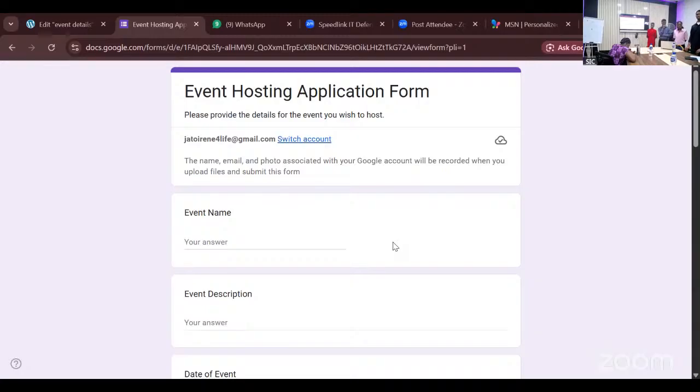Because this is more or less the same thing as in my WhatsApp. There's an event, register on Google Forms, right? I'm not saying you guys have done it before, but looking at the bigger picture, it could have been better. Yeah. Okay. Go ahead.